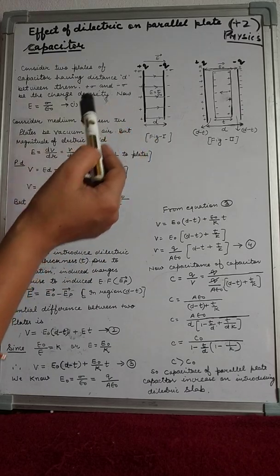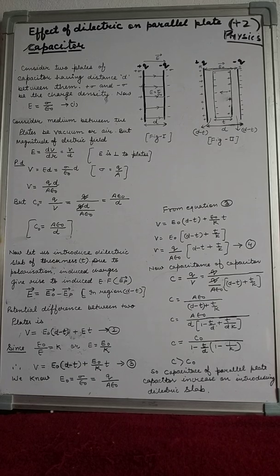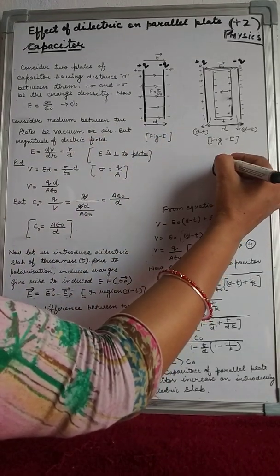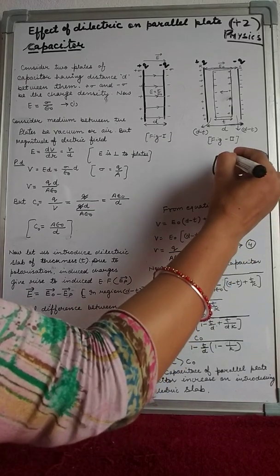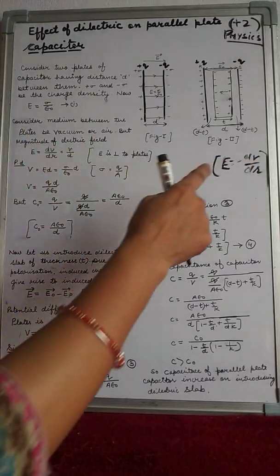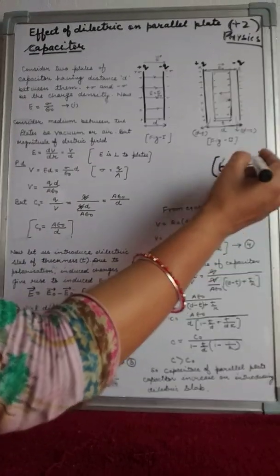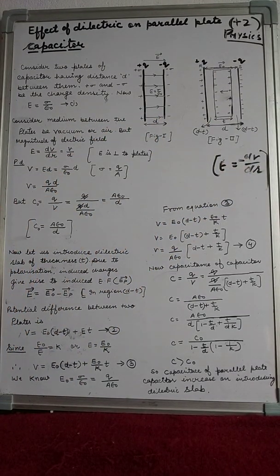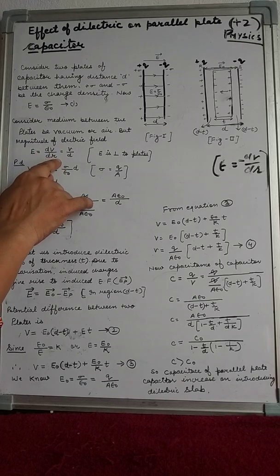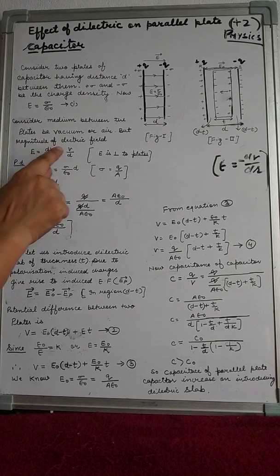Then the magnitude of electric field intensity will be E is equal to dV upon dr, because we have a relation between electric field intensity and potential gradient, that is E is equal to minus dV upon dr. From here we can calculate the magnitude of electric field in this case, because V is the potential here, and E is equal to dV upon dr, or we can write V upon d. Now E is equal to V upon d.